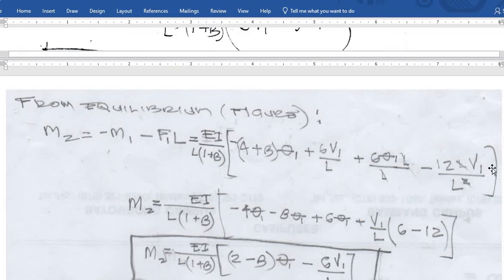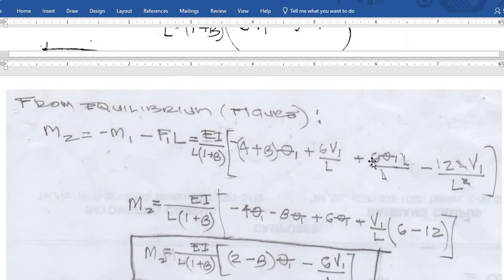So, further simplifying this equation, M2 now becomes EI all over L times 1 plus beta multiplied by the quantity. We now distribute theta 1. So, this now becomes negative 4 theta 1 minus beta theta 1 plus 6 theta 1 all over L. Ito yon.